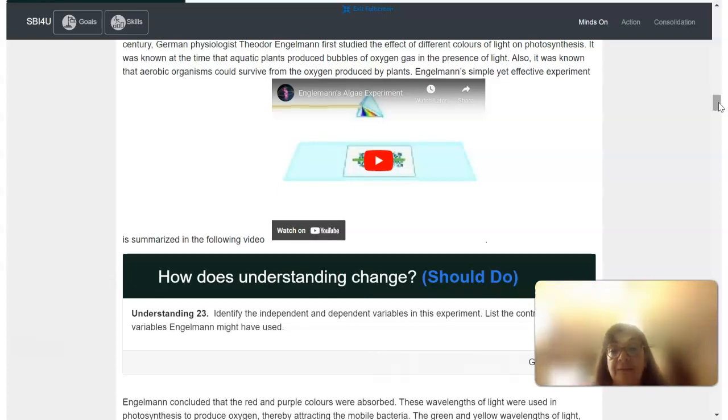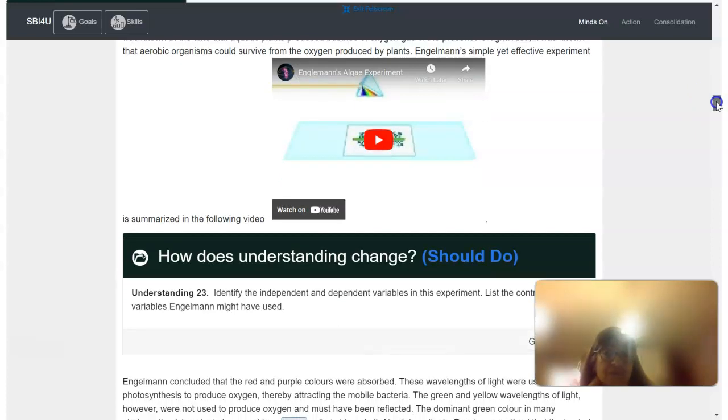And then bacteria accumulated around certain segments. And these segments were the segments where the highest energy of light was there, because photosynthesis took place there, producing oxygen, and those bacteria were aerobic, so they accumulated where oxygen is produced. So this way he discovered how different colors of light affect photosynthesis. And they were the red and the blue.